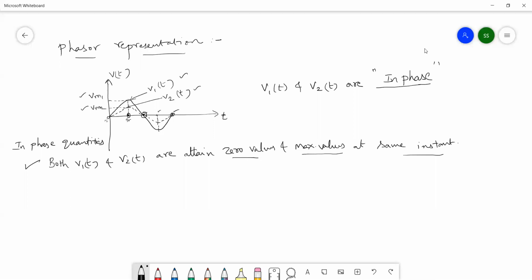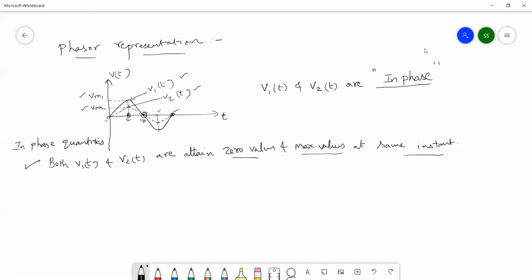You can take 180 degrees, after 90 there is 180. Both V1 of t and V2 of t are zero at this instant. And if you take another instant like 270, again they reach minus Vm2 and minus Vm1, their negative maximum amplitudes, both at the same time instant, and at 360 again. Similarly it goes on.